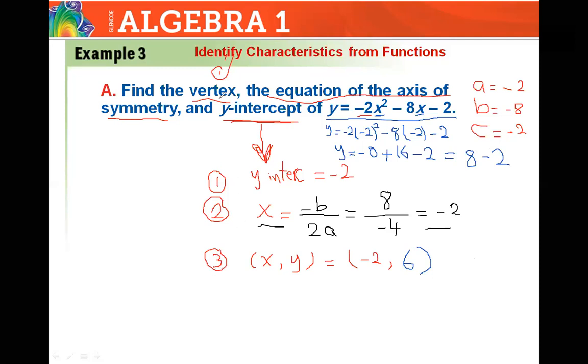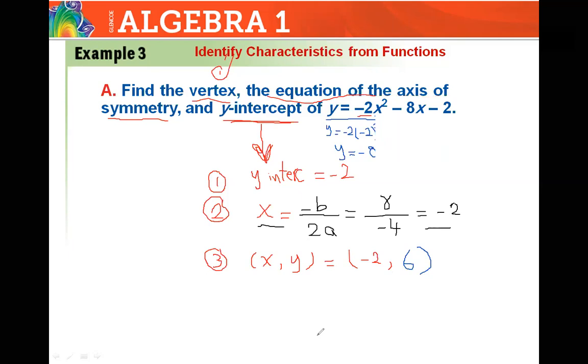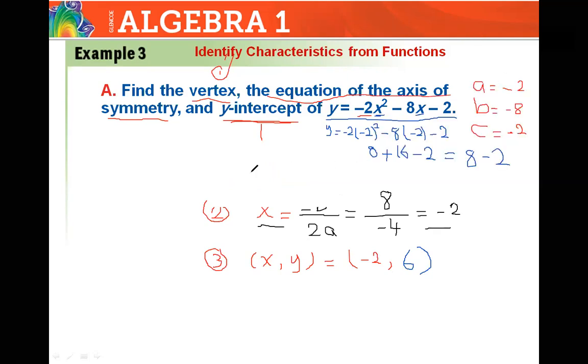So the vertex point will be negative 2 and 6. Again, from the beginning. So we have here a problem, a very important problem. On this problem, we have to find the vertex, the equation of axis of symmetry or line of symmetry, and the y-intercept.